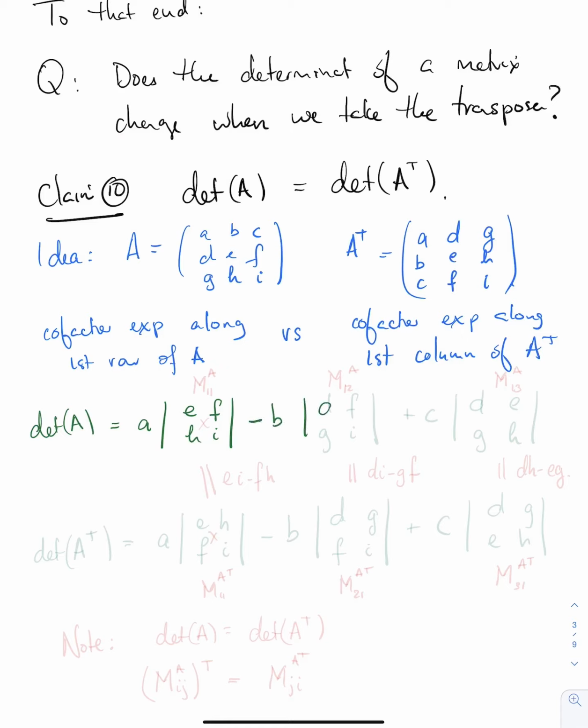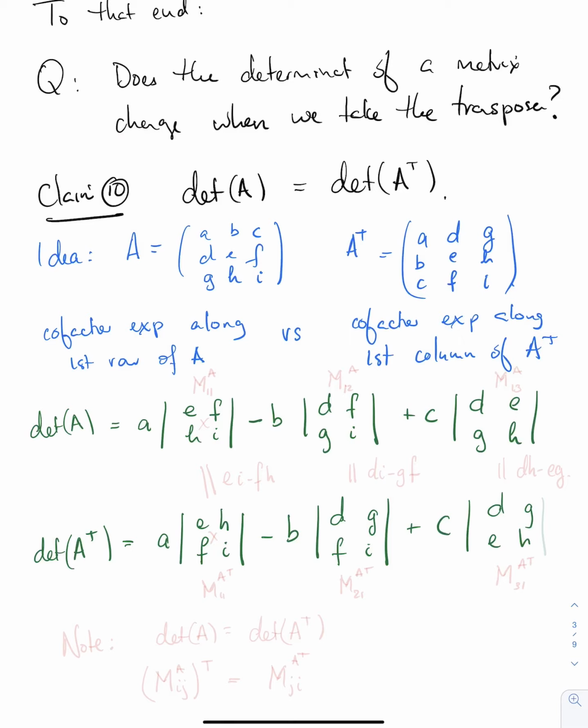Minus B times the determinant of D, F, G, I, plus C times the determinant of D, E, G, H. Compare that to the determinant of A transpose, moving along the first column. Again, we get A, but then we get the matrix E, H, F, I, minus B, D, G, F, I, plus C, D, G, E, H.